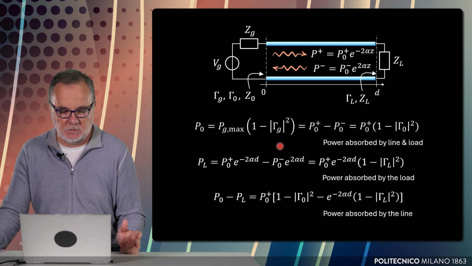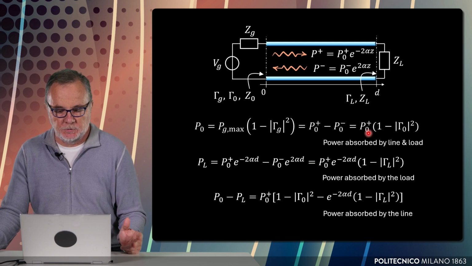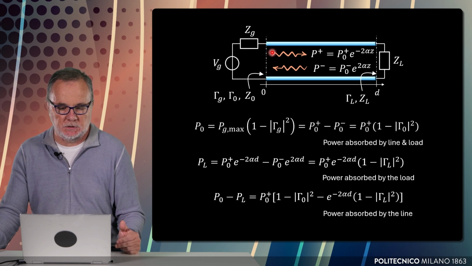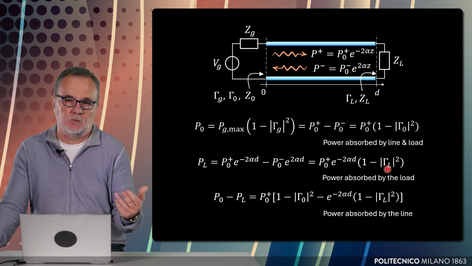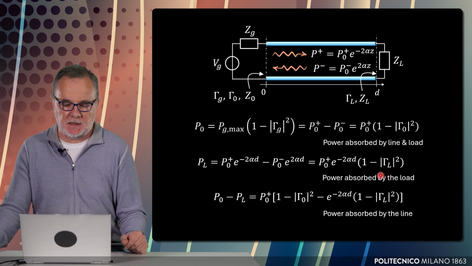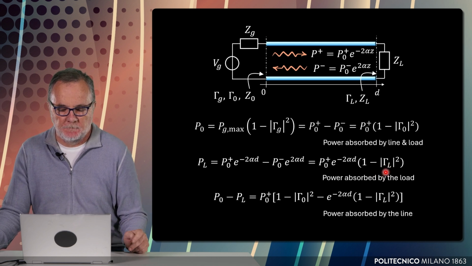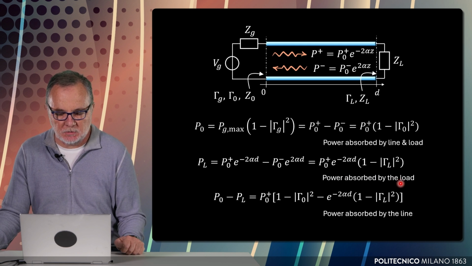We take the total power, we compute the P naught plus, which is the power at z equals 0 associated to the progressive wave. We attenuate this power until we reach the load, as you see, and we multiply, which means we subtract the reflected power, by the term 1 minus the square magnitude of gamma L. And this is the power absorbed by the load.